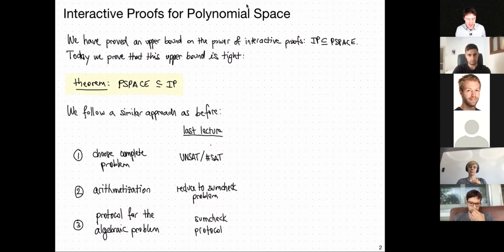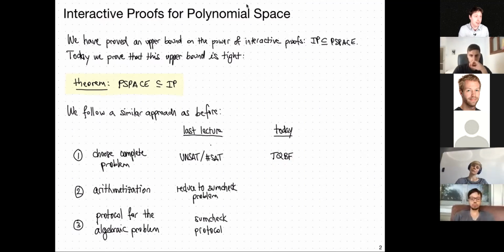Today, we'll follow a similar approach. Specifically, the canonical complete problem for PSPACE is something called TQBF. We'll dedicate an entire slide to recall what that is. It stands for True Quantified Boolean Formulas. There are many other complete problems for PSPACE, but this is the canonical one and the one that we'll use to arithmetize.